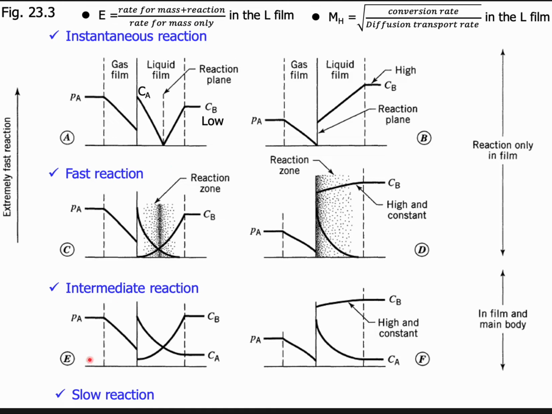In the left column, we have the low concentration of reactant B, and in this column, we have a high concentration of reactant B. So we have a low concentration and different reaction rates compared to mass transport. Okay, so let's explain each one to you.